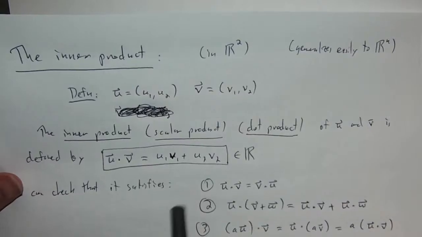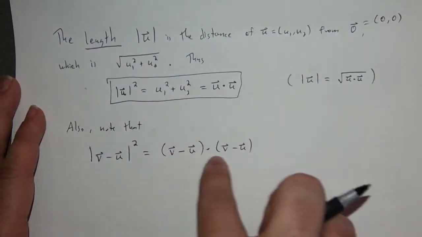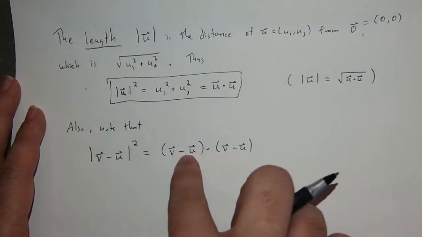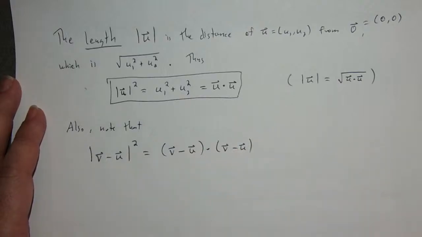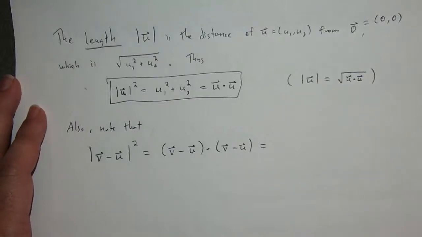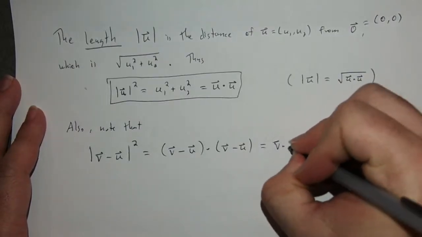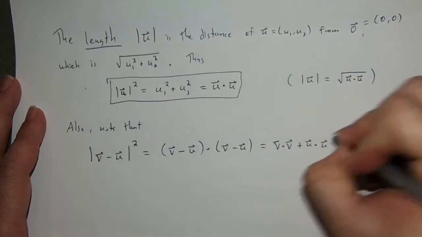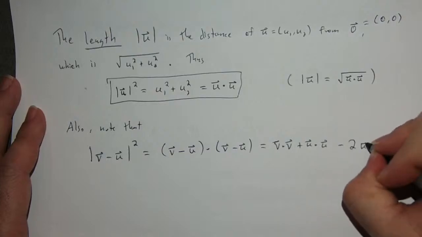I can use these properties to simplify this. So I would have v dotted with itself, plus u dotted with itself, and then minus 2 times u dotted with v.